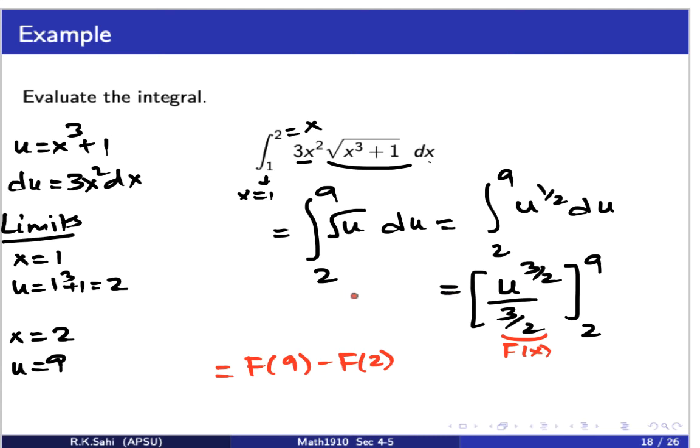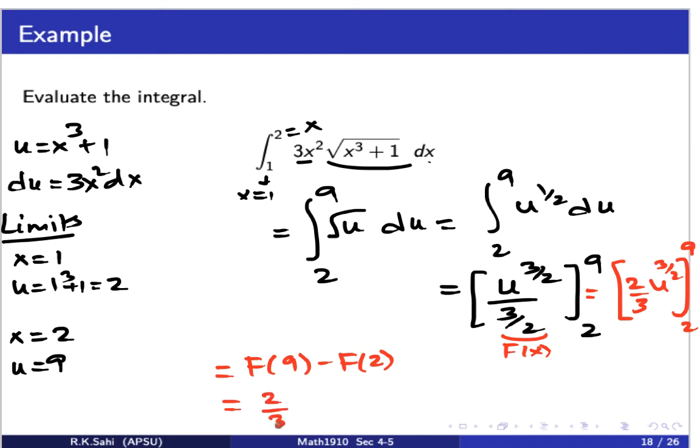I can write this as equal to 2/3 u to the 3/2, from 2 to 9. Okay, so F of 9 now.